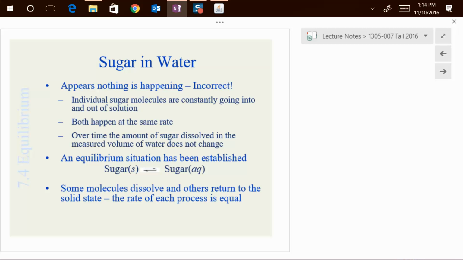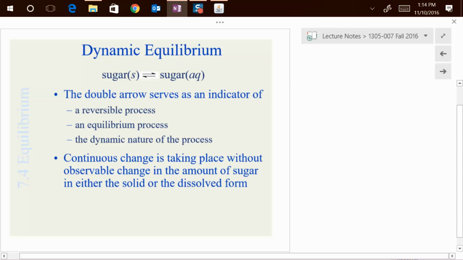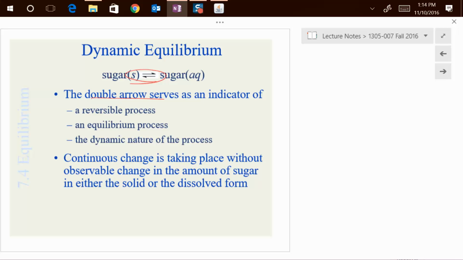It's that the process has reached an equilibrium of rates. So the double arrow serves as an indicator of a reversible process. Continuous changes are taking place. We can't observe it, but that's what's happening.